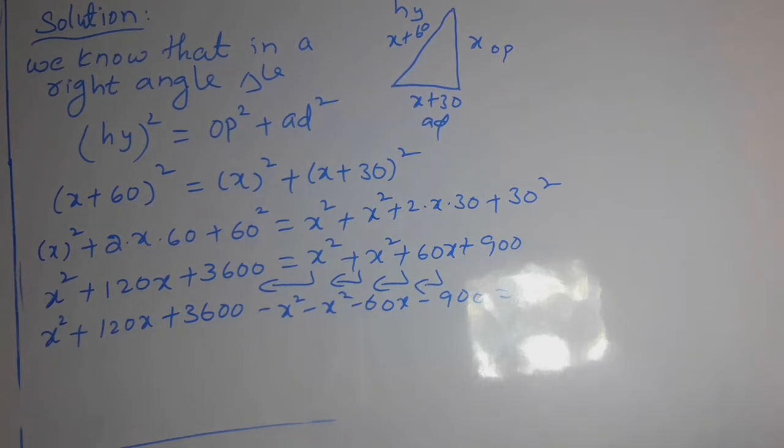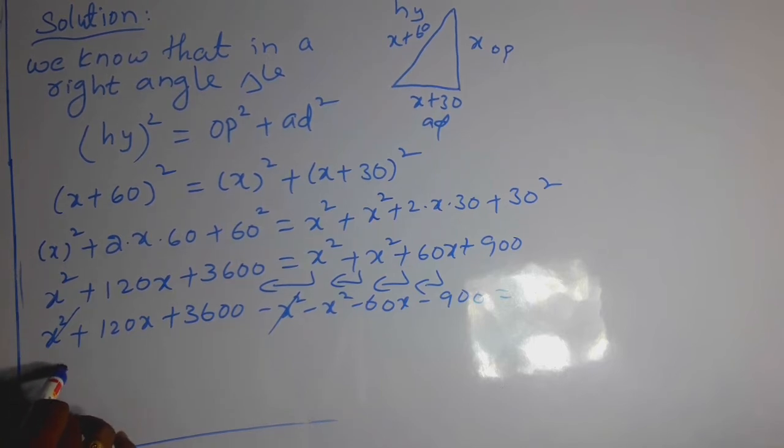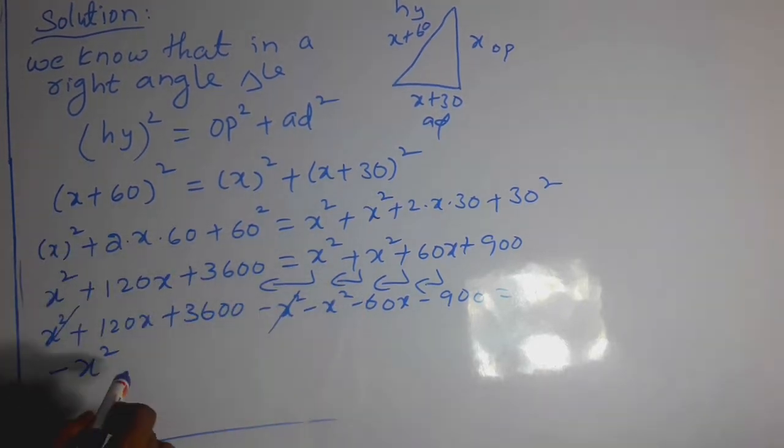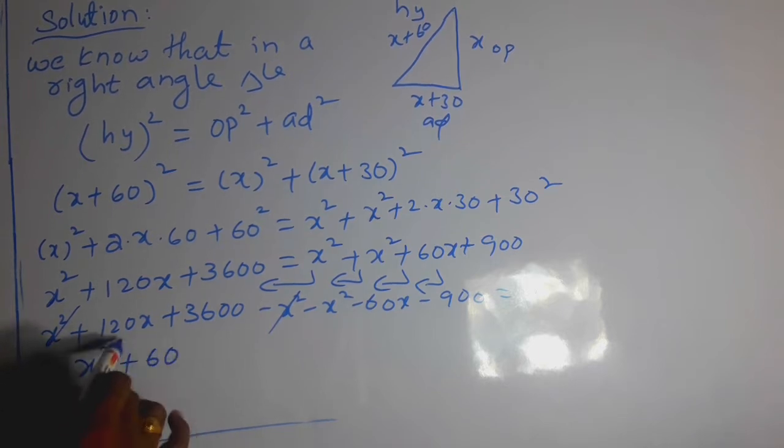Here x square minus x square cancels. First write the x square term, that is minus x square. Then 120x minus 60x is 60x, keeping the plus sign since 120 is greater.